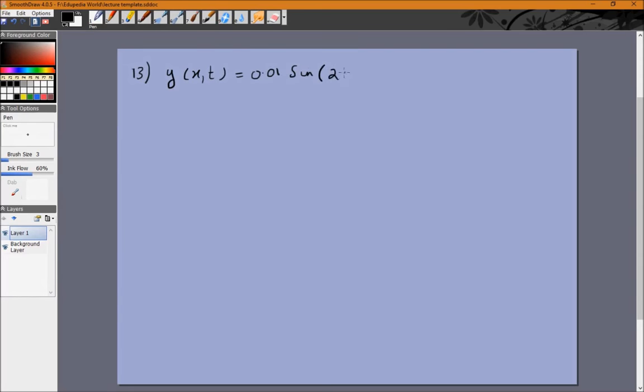So it's sine of 20 pi x cos of 200 pi t. From this we can directly see that the wavelength lambda is 1 by 10 and the time period is 1 by 100, because after time period 1 by 100 it becomes 2 pi, and after lambda 1 by 10 in x this becomes 2 pi and it repeats itself.